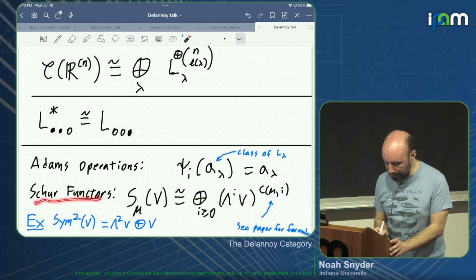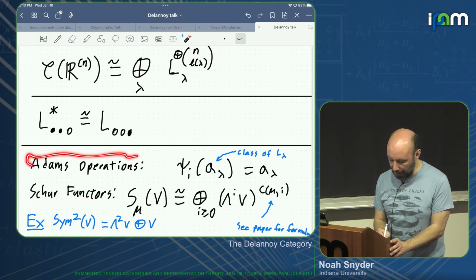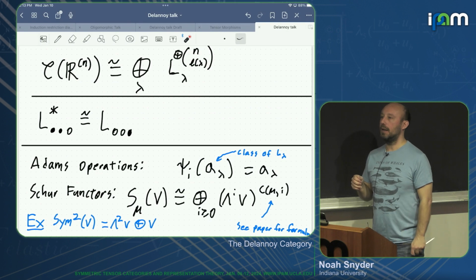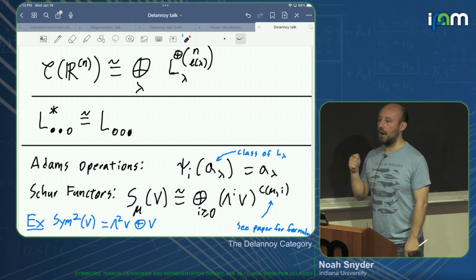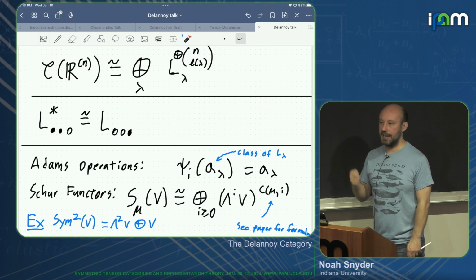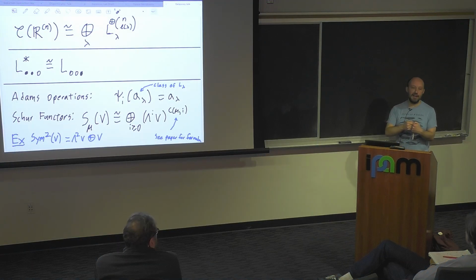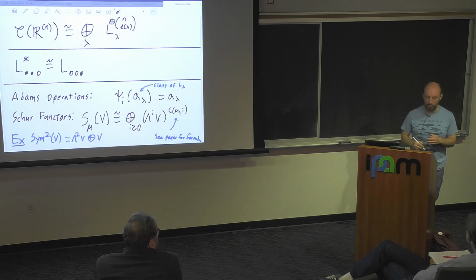So we can also say a lot about the Schur functors. There's something called Adams operations. Adams operations are the thing that, for a group, replace a character with the function that's the character of g to the n. And so all of these formulas for what is the character of a wedge power are formulas for the wedge power in terms of these Adams operations on the Grothendieck ring.